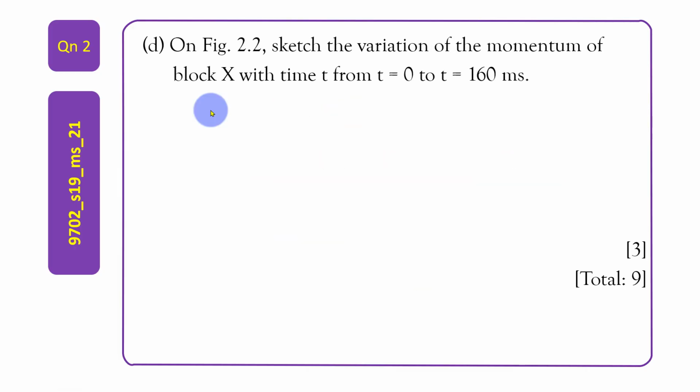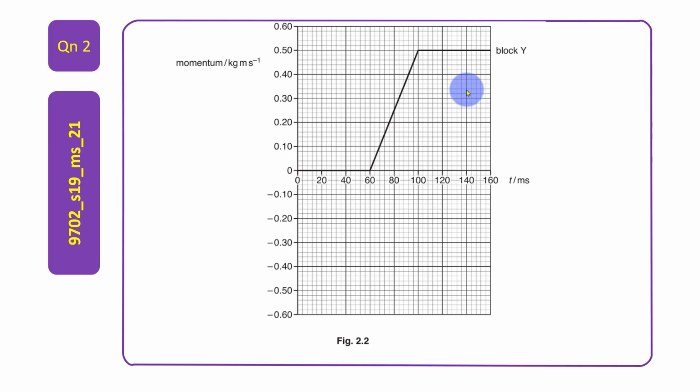Now let's look at part D. On figure 2.2, sketch the variation of the momentum of block X with the time t from t equals 0 to t equals 160. And this is how it will look.